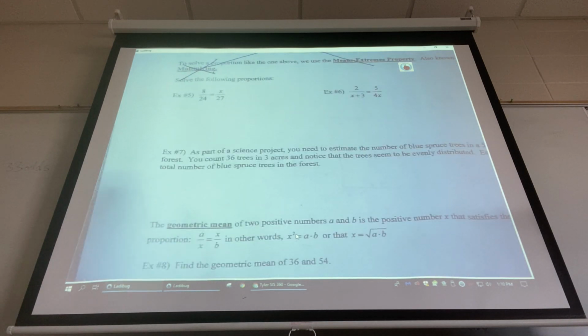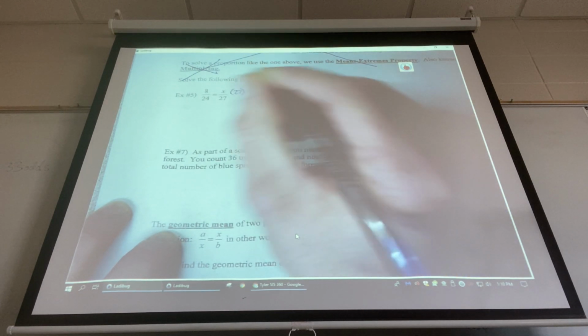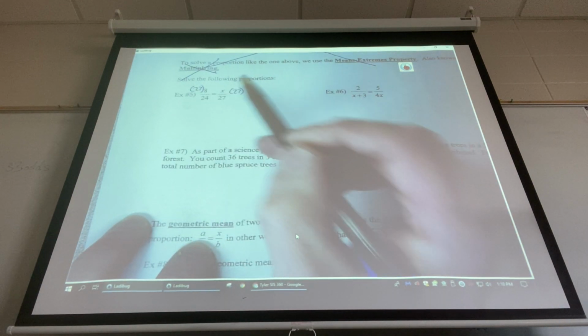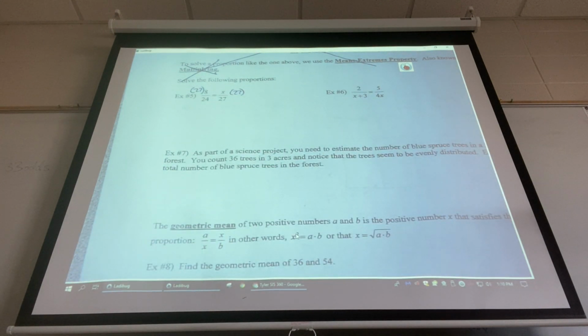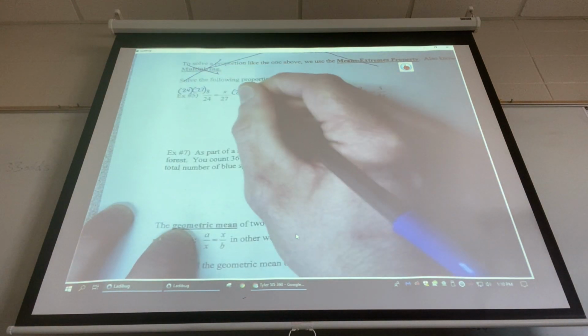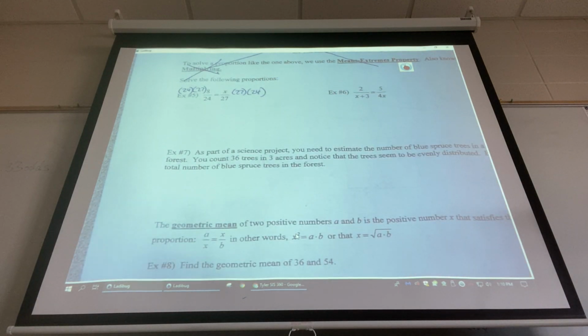Okay, so let's get rid of the 27 by multiplying by 27 on both sides. Do you agree that that's legal? Yes. Well, we don't like fractions. Let's get rid of the 24 by multiplying by 24 on both sides. That is perfectly legal to do, right? It's the multiplication property of equality.